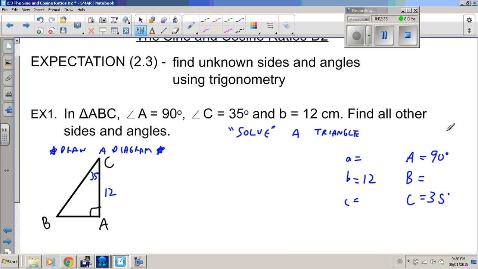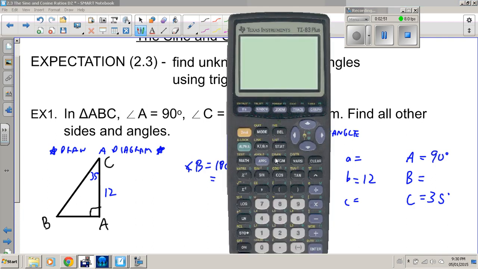Well, notice one of them is really easy. This is a grade 9 problem here. Angle B is just 180 subtract 35 plus 90, right? Angle B is equal to 180, subtract 35, subtract 90, clunk that into a calculator. Where's my calculator? It shut off on me. 180, subtract. Can you do this in your head? Maybe you can.